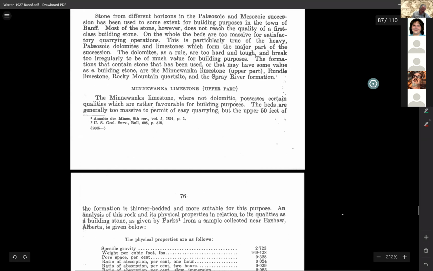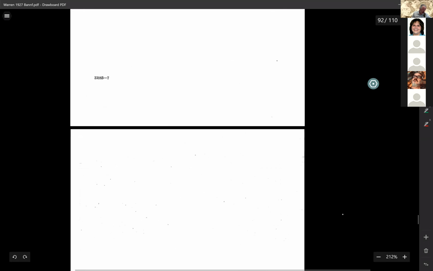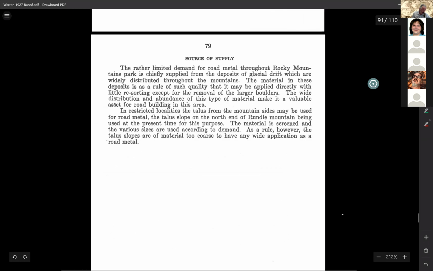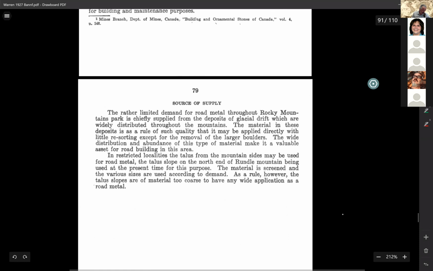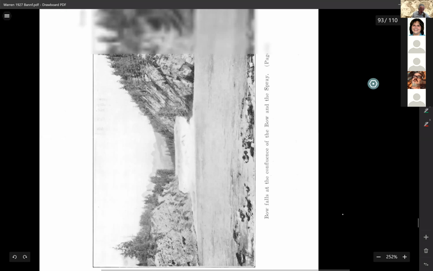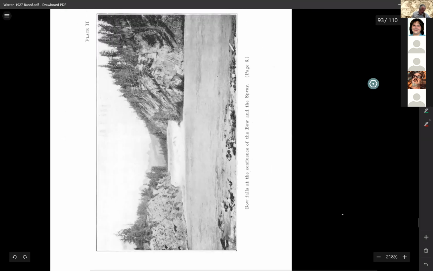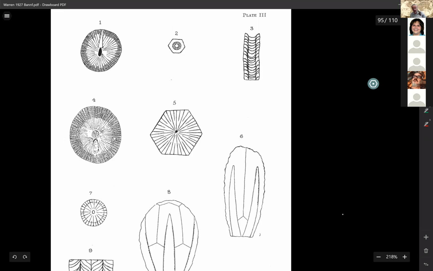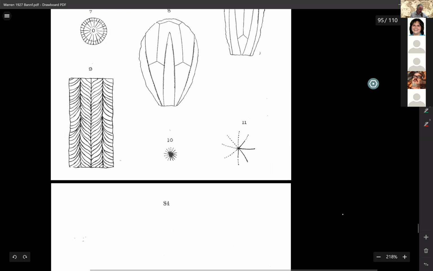A part of the study that Warren did was to assess some of the economic aspects of the Bow Valley area, and that was before Banff was a national park. So it might have been a prelude to resource assessment before it became a park, actually.